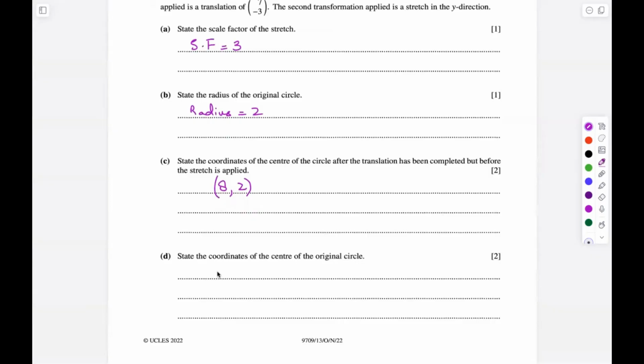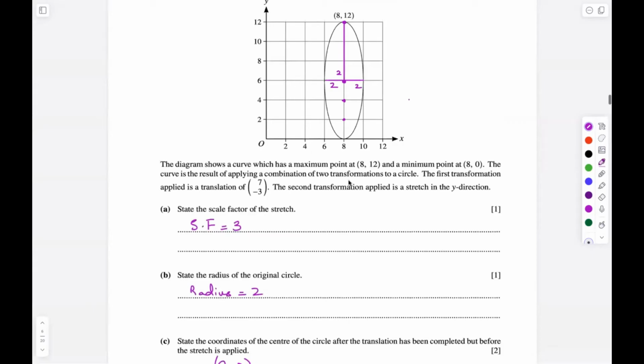In part D, it says state the coordinates of the center of the original circle. Now, as a translation of 7 and minus 3 had been applied, this center had been taken 7 units to the right, and as it is minus 3, it was taken 3 units down. So we'll increase the y coordinate by 3 to find the original circle.